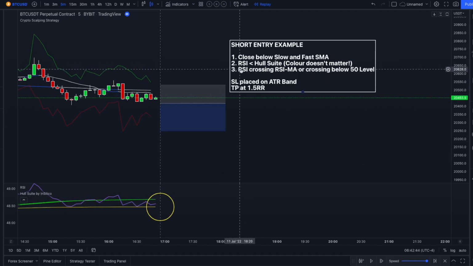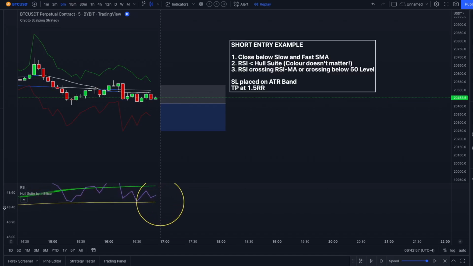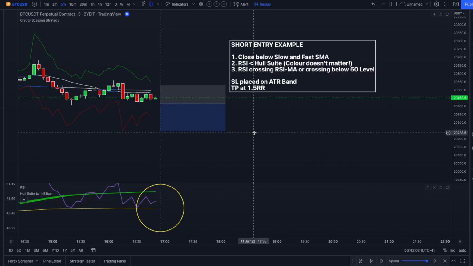Now we're just patiently waiting for our RSI to cross either the RSI MA or cross below the 50 level. And as you can already see, we already are below the 50 level. So the only other condition we are waiting for now is for the RSI to cross the RSI MA.